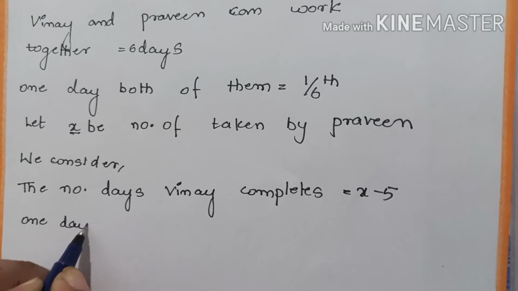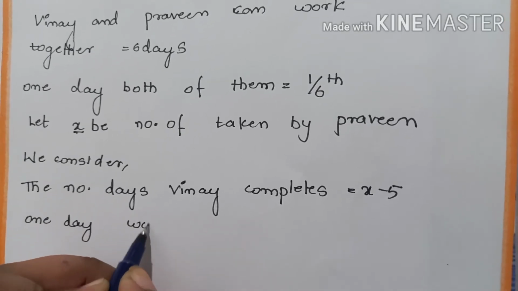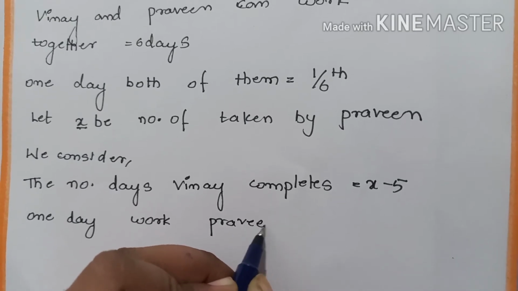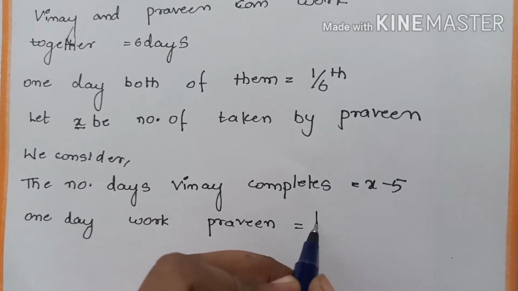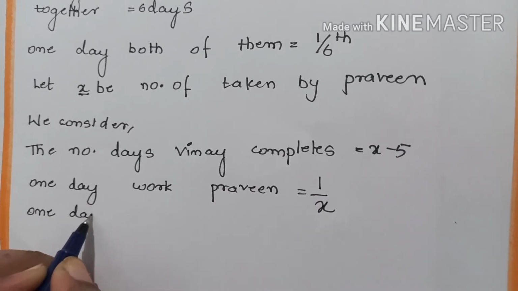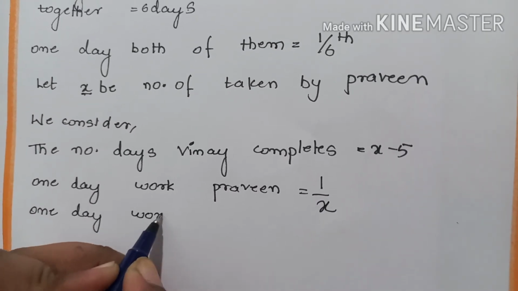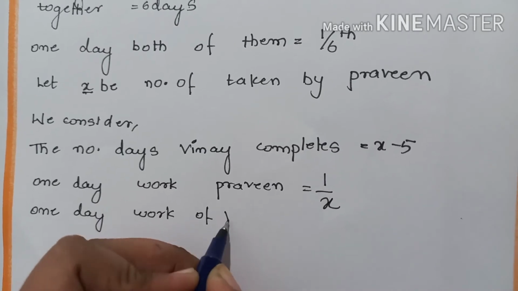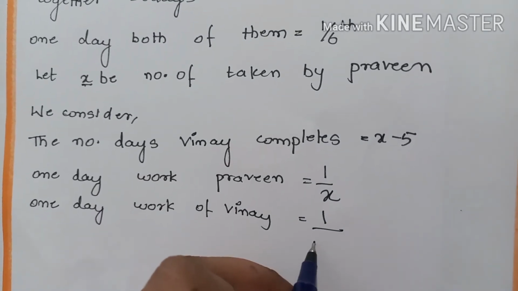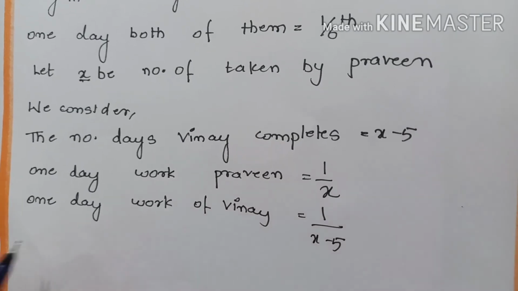In one day, the work of Praveen, if he is working alone, will be 1 by x, and the one day work of Vinay will be 1 by x minus 5.